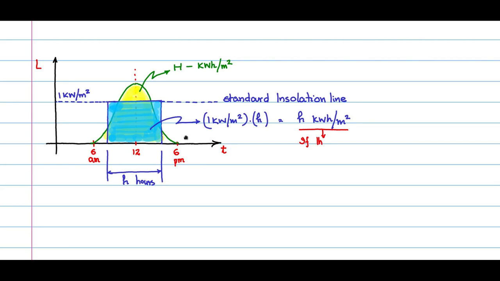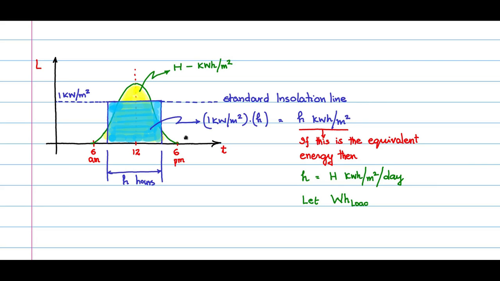So if this energy is made equivalent to the actual energy of that place, then the H hours of standard insolation time is equal to H kilowatt hours per meter square per day. And this insolation can be used to derive the peak power requirement of the PV panel.